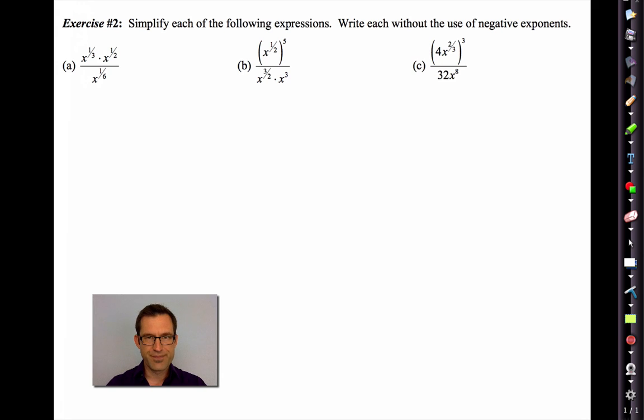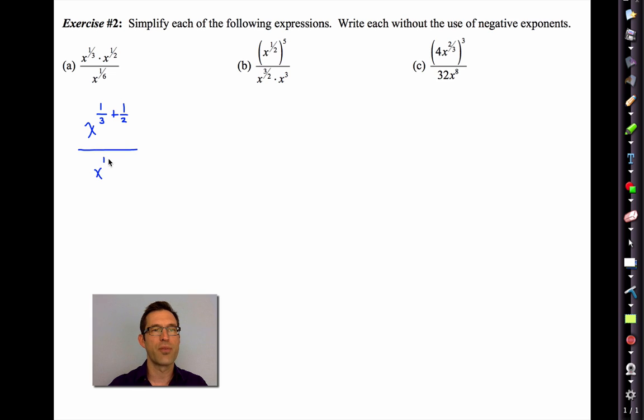All right, folks. Now, you're going to have to deal with fractions. A lot of people don't like fractions, but remember, when you add and subtract fractions, they need to have the same denominator. All right? So, for instance, when I look at letter A and I have x to the 1/3 times x to the 1/2, I now need to add those two exponents.